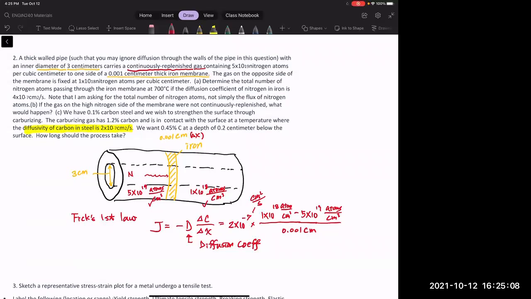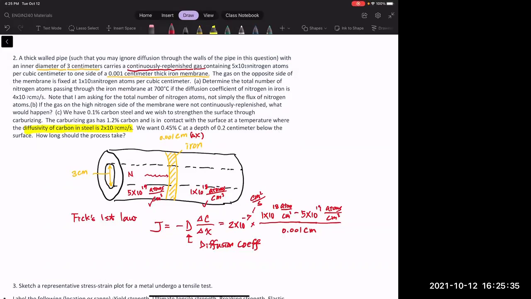All right, so if you do the calculation, 1 times 10 to the 18 minus 5 times 10 to the 19 gives you a negative number. So what does that negative number mean? Well, it's positive, but you put a negative in front of that, simply meaning the concentration is getting smaller and smaller from the left, just going to the right.